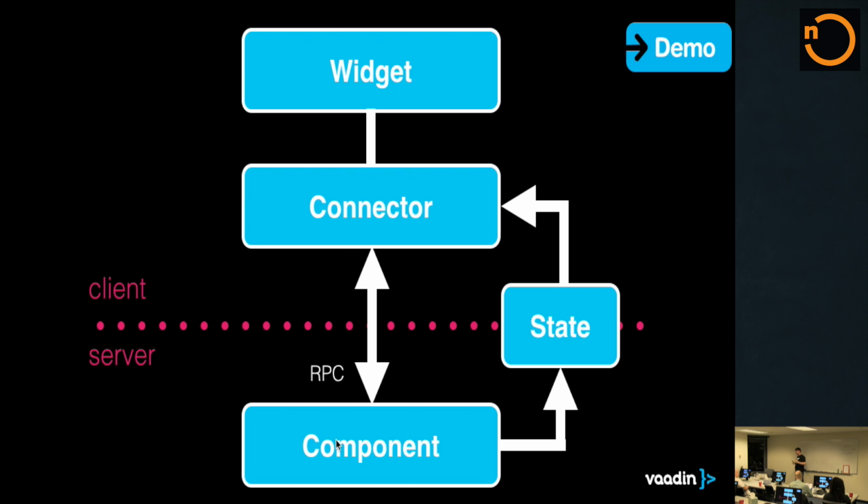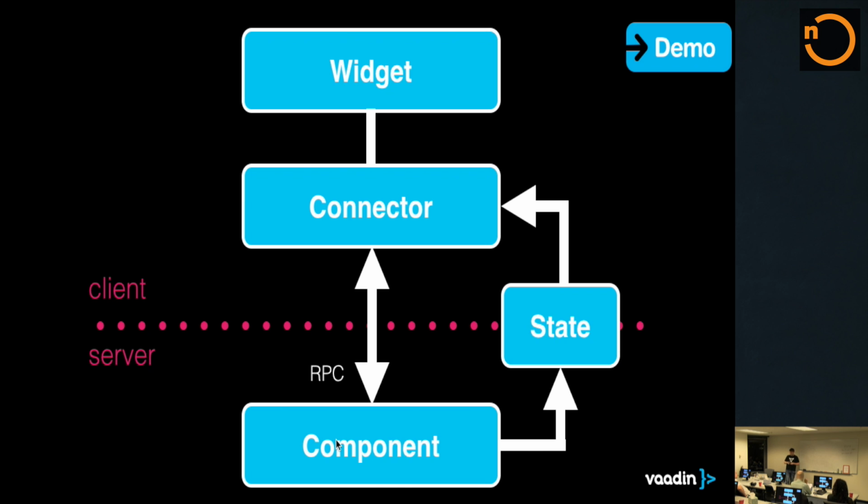This connector class is basically responsible for moving client user events from the client side to the server side, and sending data back from the server to the client side, like setting the title for the button. So we have a two-way RPC mechanism over there for doing traditional stuff, sending stuff from the server side to the client side or client side to the server side.